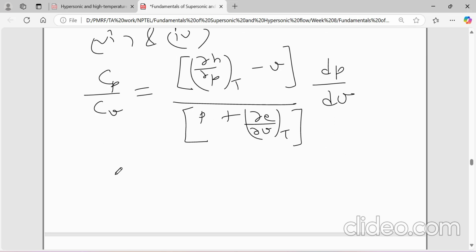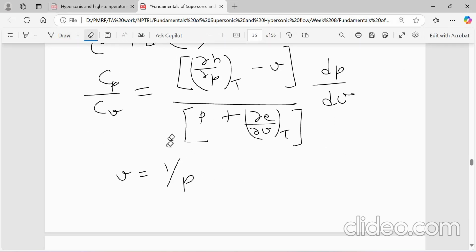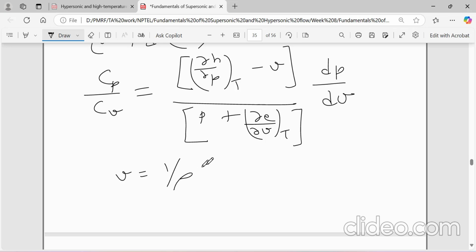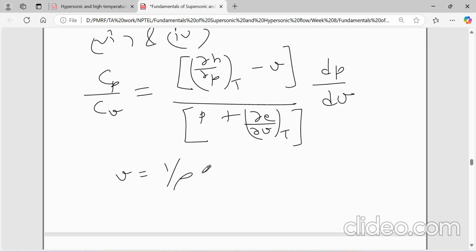Now we know that V equals 1 by rho, so we get dV equals minus 1 by rho squared d rho.